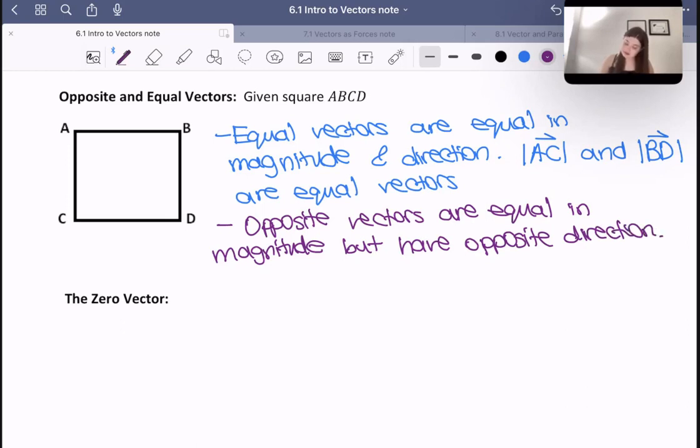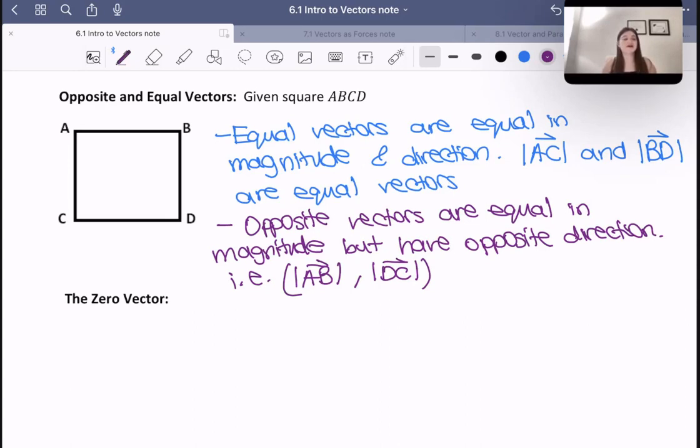Okay, so for example, AB and DC, right? That's a great example of a pair of opposite vectors. And also, opposite vectors, when we add them together, we get right back where we started. We get to the zero vector, which we'll talk about in a moment.